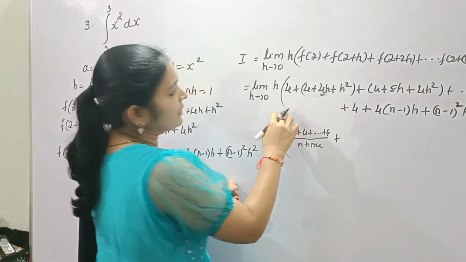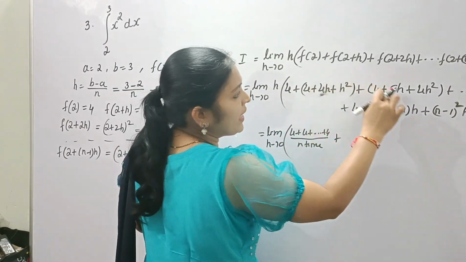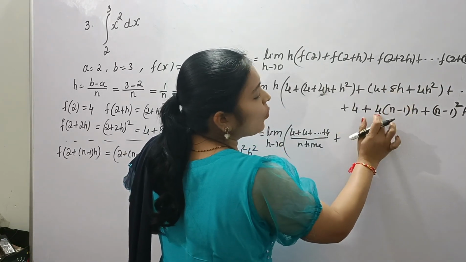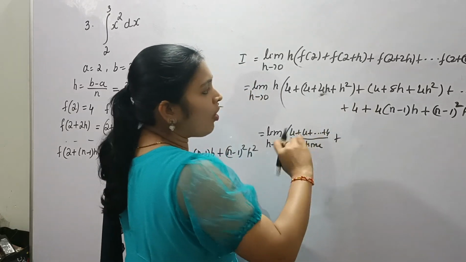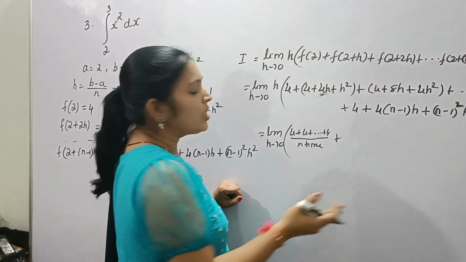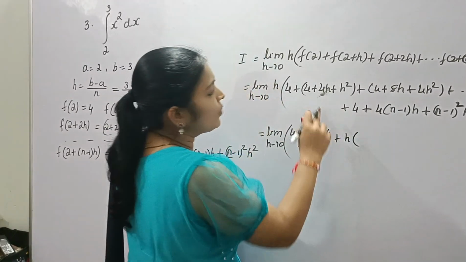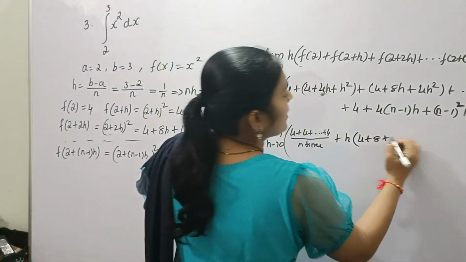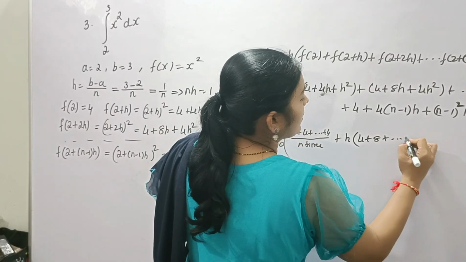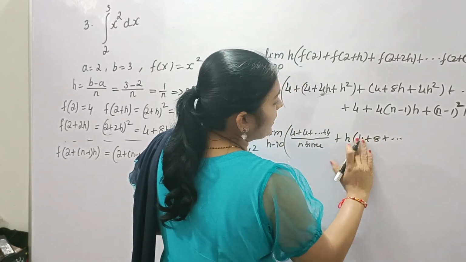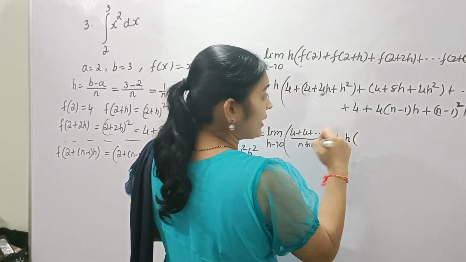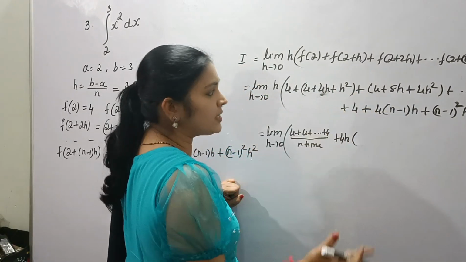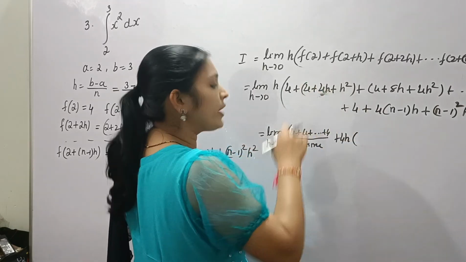Plus after that see 4h, 8h, then 4 into n minus 1 into h. In all these terms h is common, so we can take it out, h into 4 plus 8 plus etc. Here 4h is common in all the terms, so we can take 4h outside.